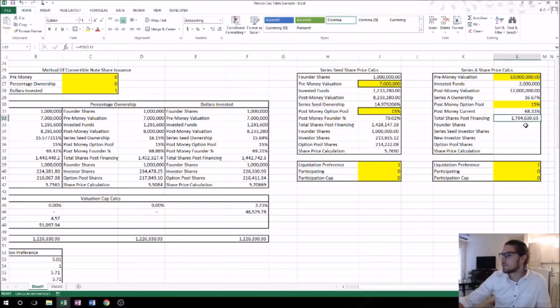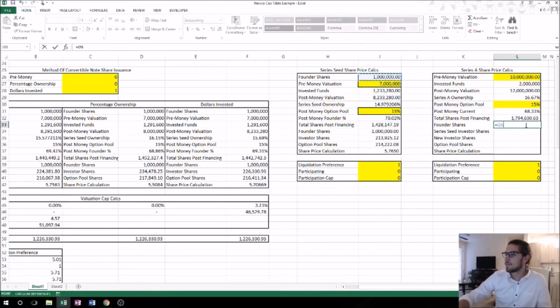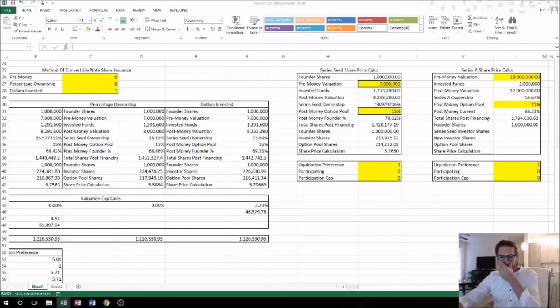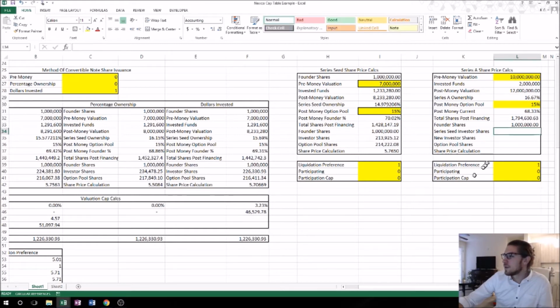So we know founder shares are still that million over here. And Series Seed investor shares are going to be the number of shares that the Series Seed investor gets.